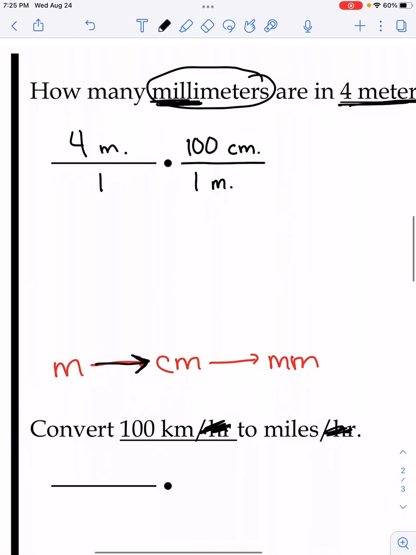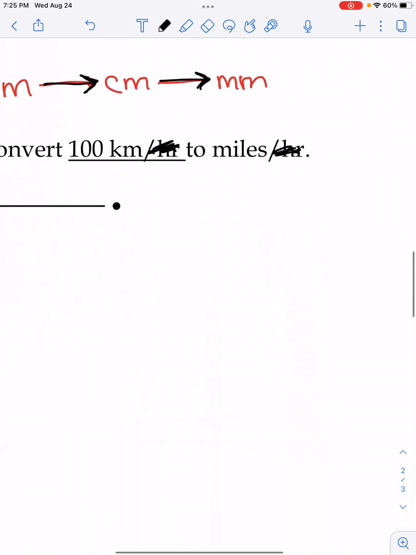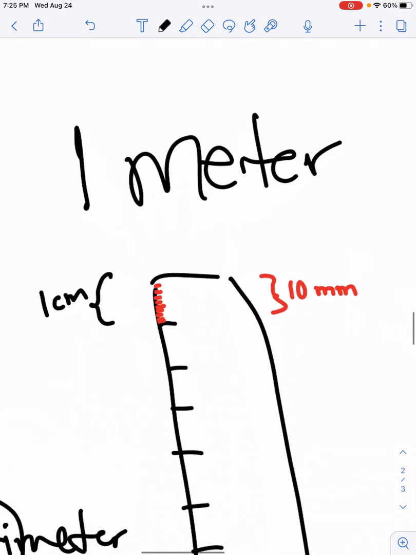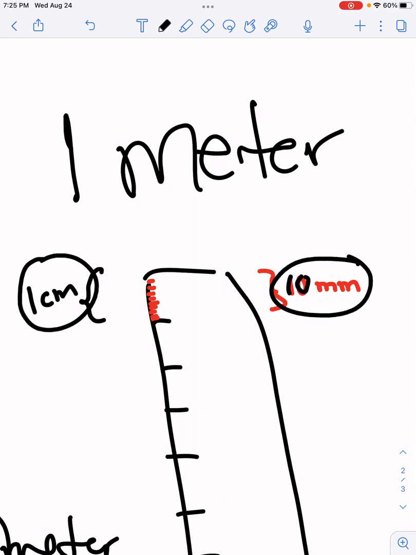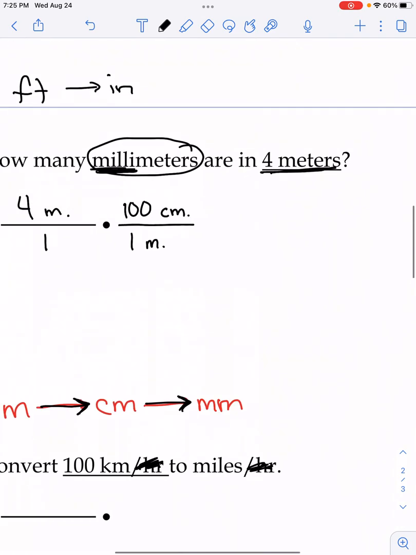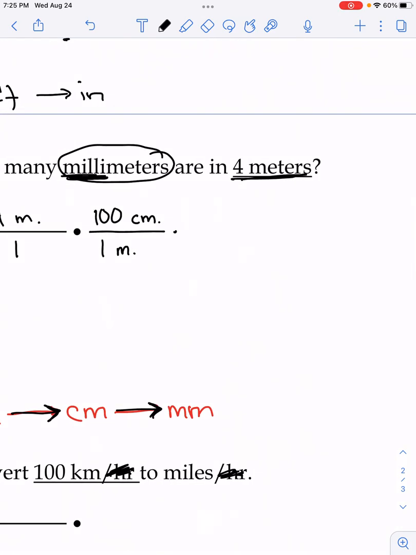Okay, we said 100 centimeters are in 1 meter. And now we're going to go from centimeters to millimeters here. This drawing here, we said that there is 10 millimeters in every 1 centimeter. So 10 millimeters in 1 centimeter.